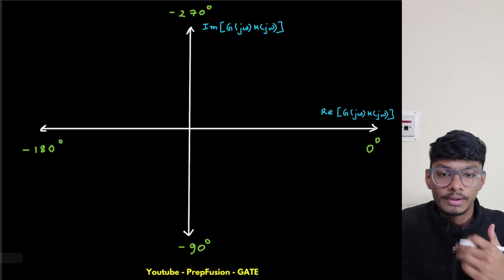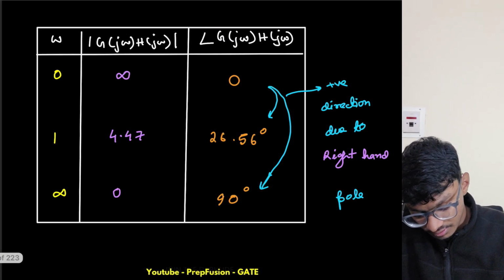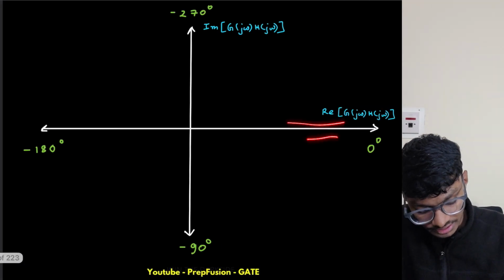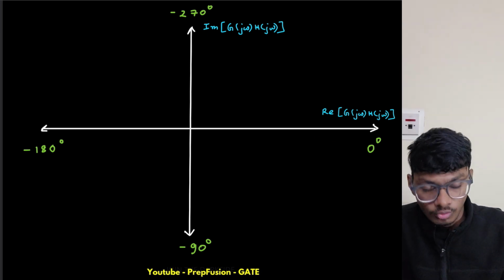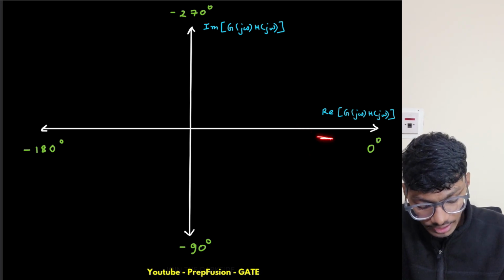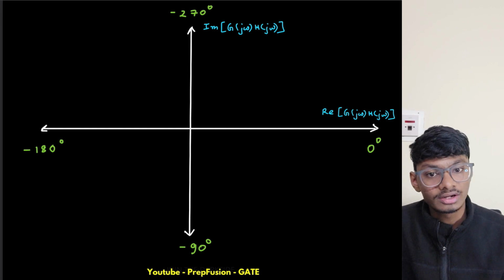So how will my polar plot look? From where is it starting? It is starting from the 0 degree axis itself. It will start from somewhere either here or here, but will it start from here? I'm going in the positive direction, so I'll go in the anti-clockwise direction. For it to start from here, I have to cross the 0 degree axis again. So am I crossing it again?